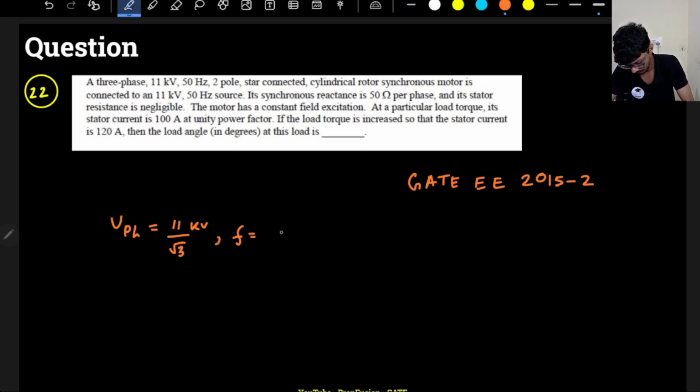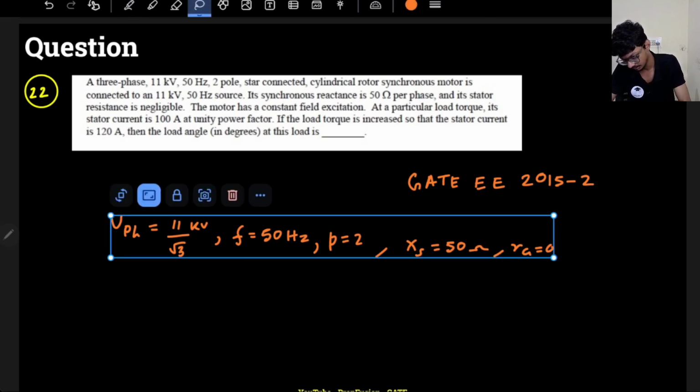F equals 50 hertz, poles equals 2, synchronous motor connected to an 11 kilovolt 50 hertz source. Its synchronous reactance XS is 50 ohms per phase, and its stator resistance is negligible, so Ra is 0.